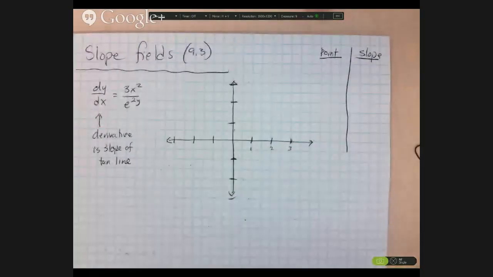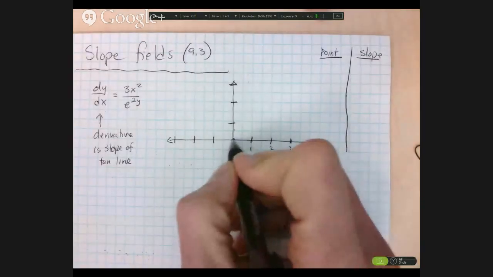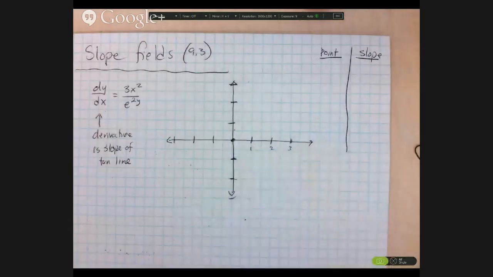The slope is just defined by the points. So first we can start at 0, 0.